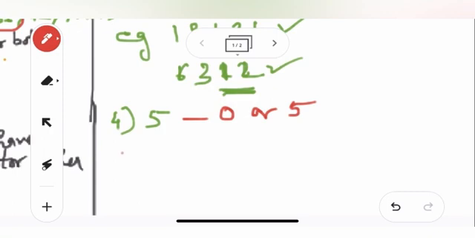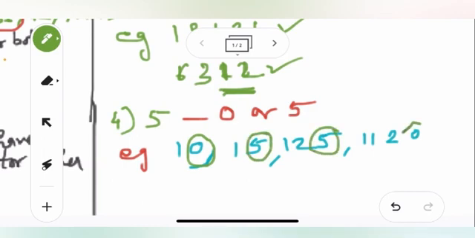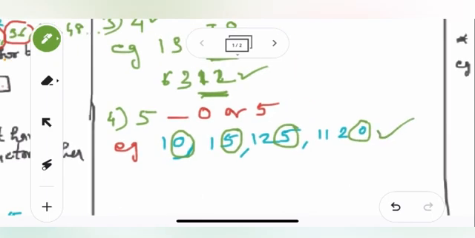Example, if the number is 10, 15, 125 or 1120, here you see the digit in the ones place is either 0 or 5. That means these numbers are divisible by 5.